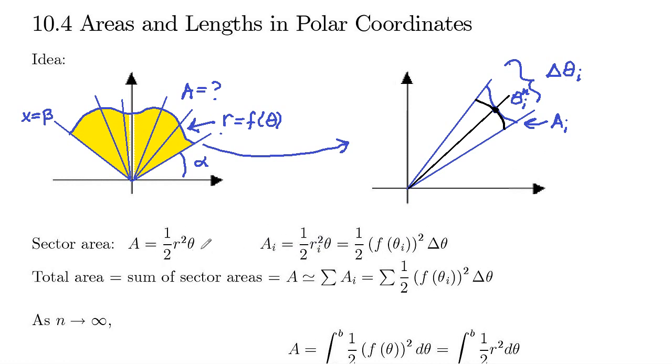That comes from this. We need our radius function, but our radius function was given by taking theta going out to the equation r equals f of theta. So actually this radius here is f, plugging in that sample point, theta sub i star.